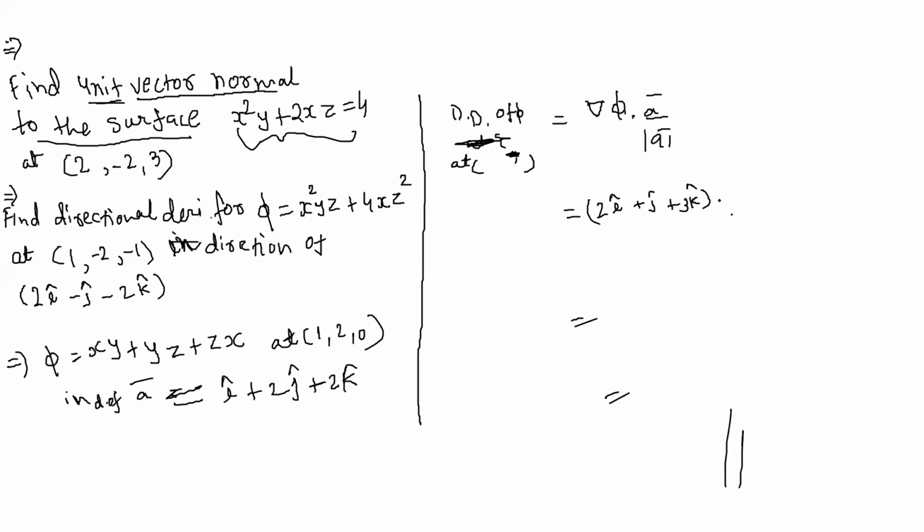Vector A bar is i plus 2j plus 2k upon 3. 2 ones are 2, plus 1 twos are 2, plus 3 twos are 6. So it's 10 by 3. This is your answer. All right.